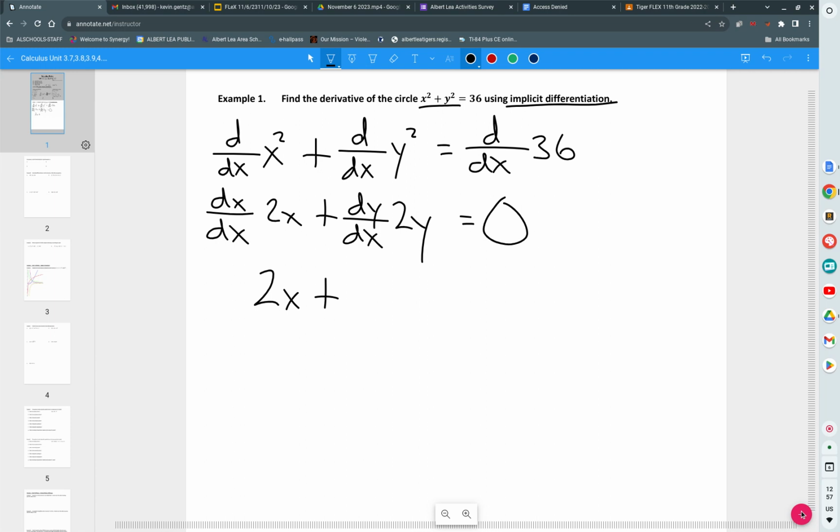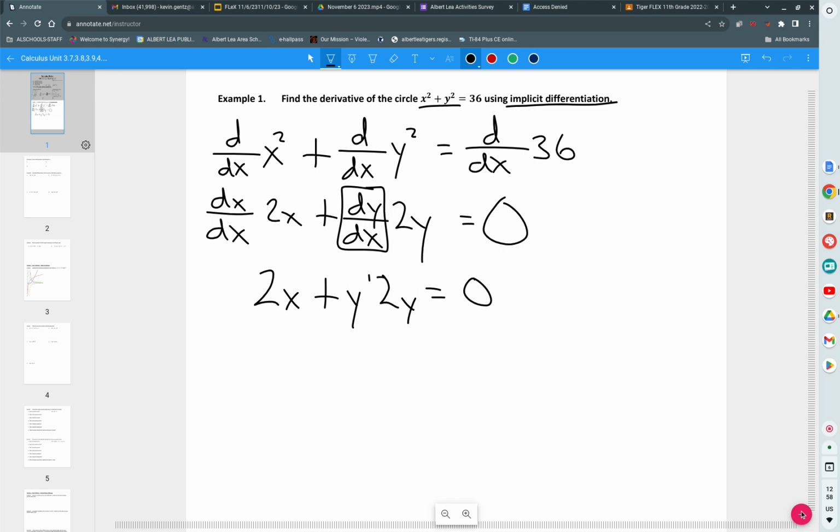dy over dx, the derivative of y with respect to x, is a fancy way of saying y prime. dy over dx is the same thing as y prime, times 2y, is equal to 0. As I find this derivative, I want to solve for y prime.